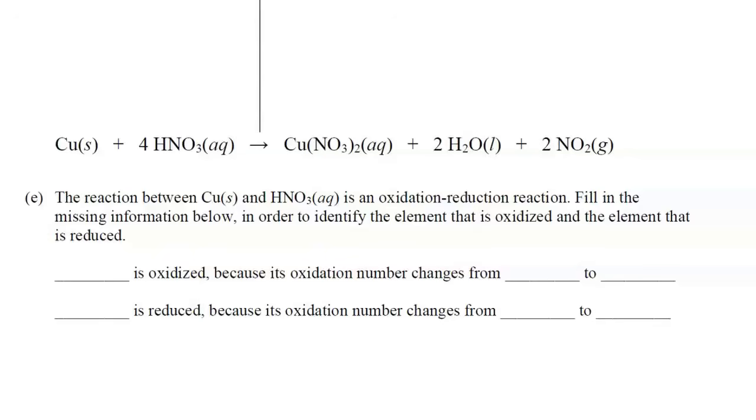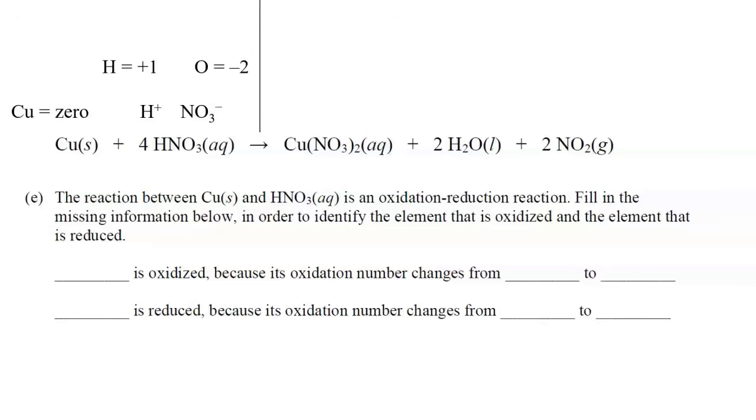Since copper is an element, the oxidation number of copper would be 0 on the left. Nitric acid exists as H+ ions and NO3- ions. So hydrogen would be +1. And within the nitrate ion, oxygen is -2.